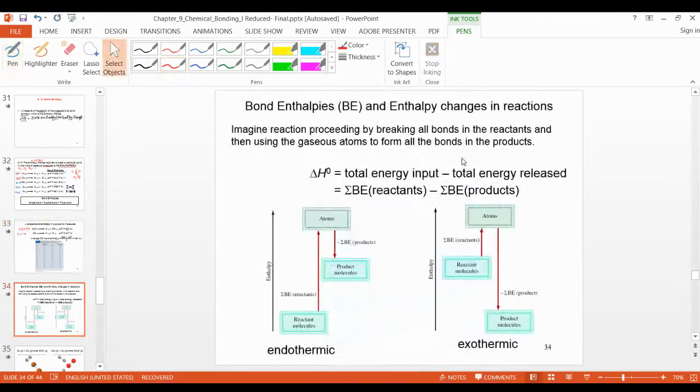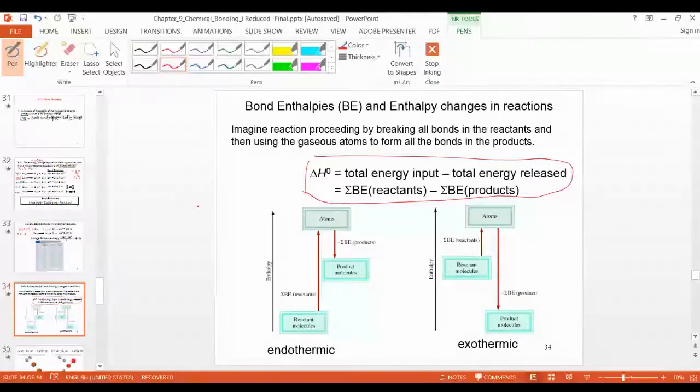So I will explain now, and I will give some examples. This formula you have to write down or memorize. You remember in chapter 6, to determine a state function, it depends on the initial and final positions, product minus reactant.